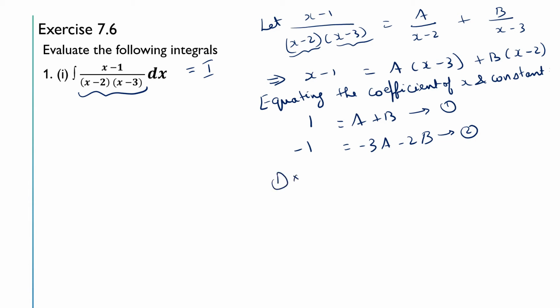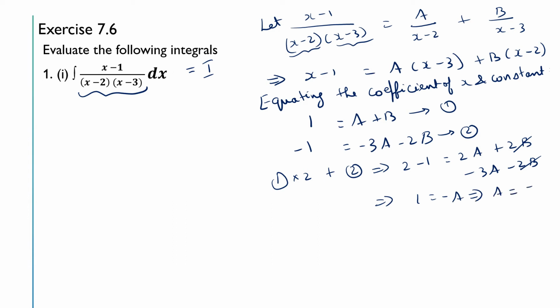So 1 into 2 plus the second equation. If we do this, we get 2 minus 1 is equal to 2a plus 2b minus 3a minus 2b. So plus 2b minus 2b will go. We get 1 is equal to minus a, or a is equal to minus 1.